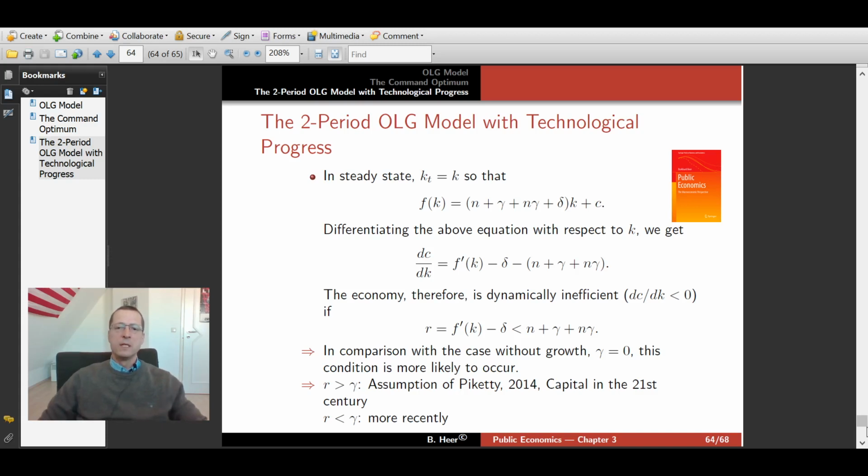And we have shown that the economy is dynamically inefficient if this derivative is smaller than 0, because then if we reduce the capital stock, of course, the reduction of capital stock can be given as extra resources to the current alive generations, so they benefit, they have higher consumption.